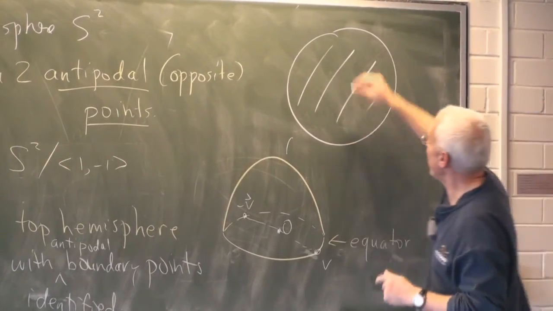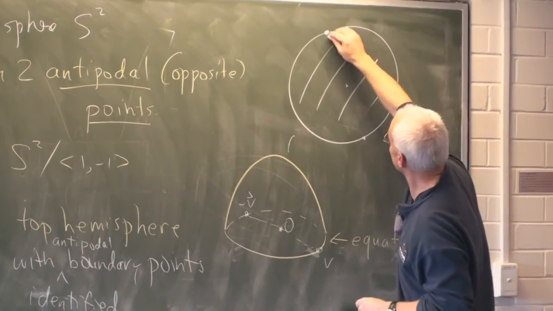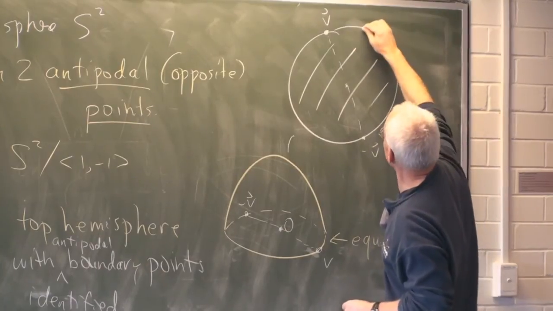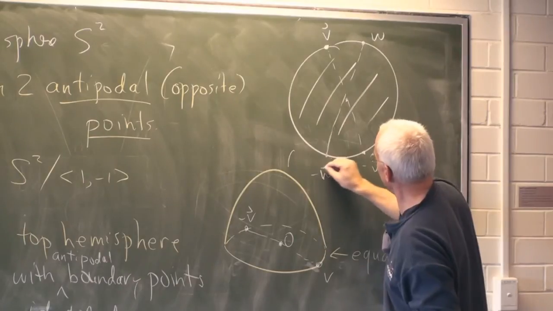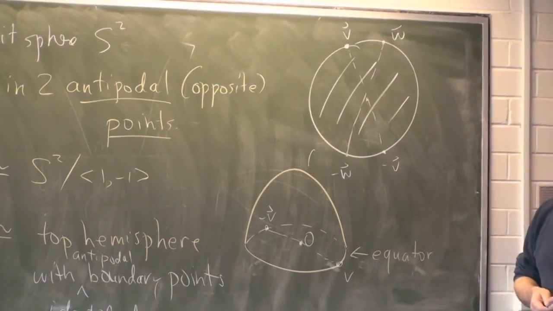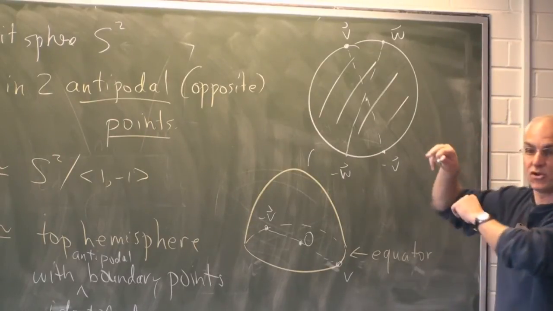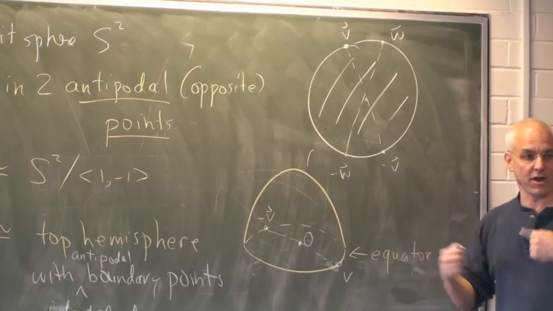We have to identify this point with this point. There's V, there's minus V. We have to identify this point with this point, and so on. So it means what we really need to do is we need to glue the two sides of the disk together in a rather unorthodox way.